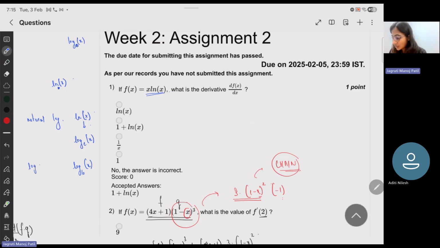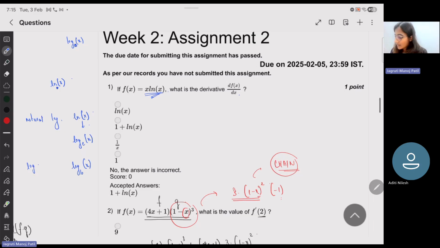Now you have this natural log here. If you want to take a derivative, this is product rule, right? You first take the derivative of x, so x is 1, keep ln of x as constant, plus you keep x and differentiate ln x. The derivative of log x is 1 by x. That's why I was saying learn log.